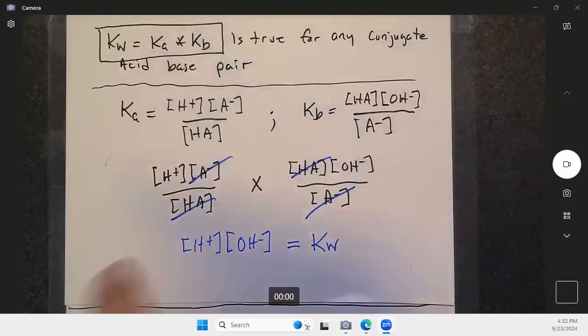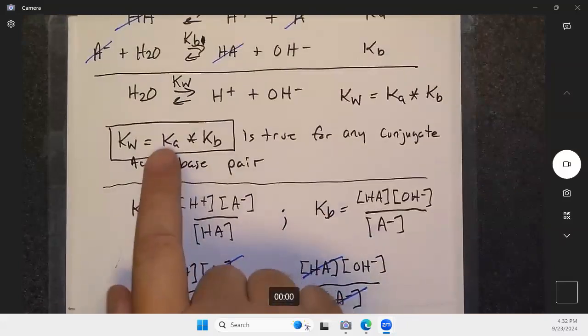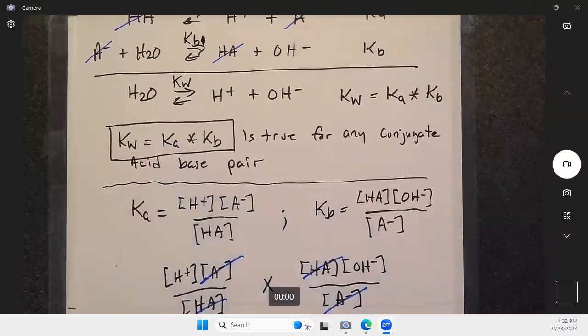So either way you turn it, Kw is equal to Ka times Kb for a conjugate acid-base pair. It's an important equation. It allows you to calculate Kb when you don't know the Kb. You have a Ka, you want to know the Kb for the conjugate base of that weak acid, you can now calculate it.